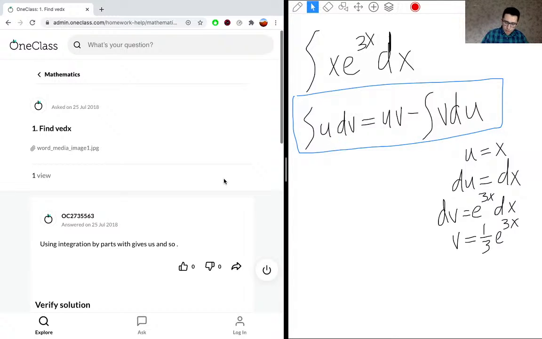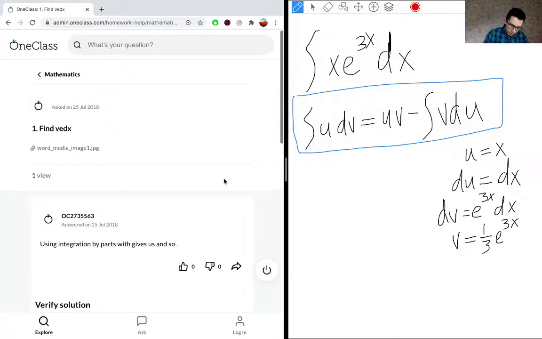So now we've figured out all the components. We know what u is, u is right here, and v is right here. So here we just have to substitute the values into the integration by parts formula.